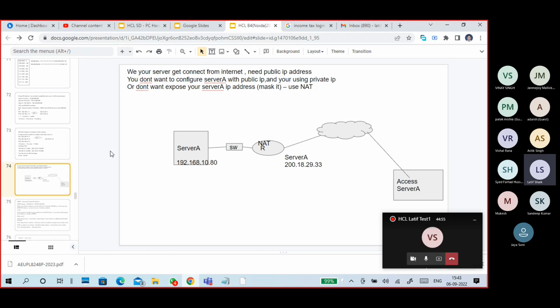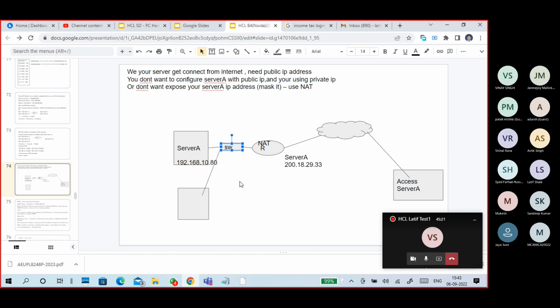If you are in the same LAN network, it means you have another PC here, connected to the same switch.